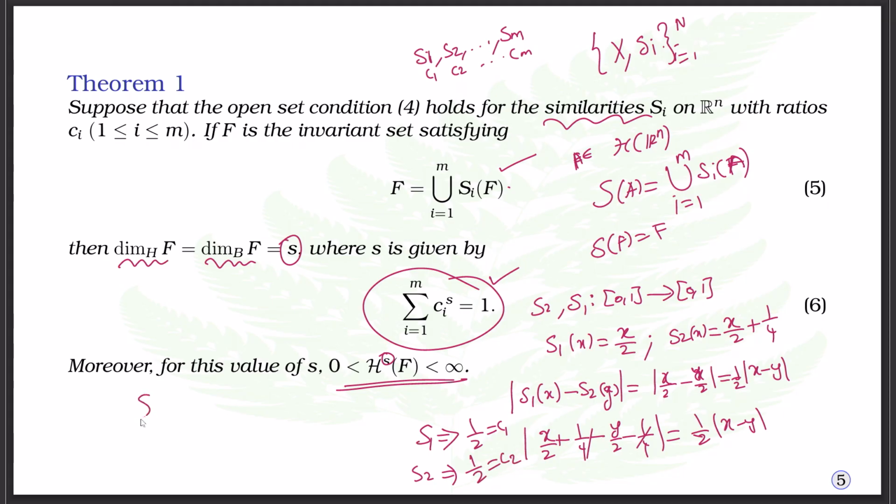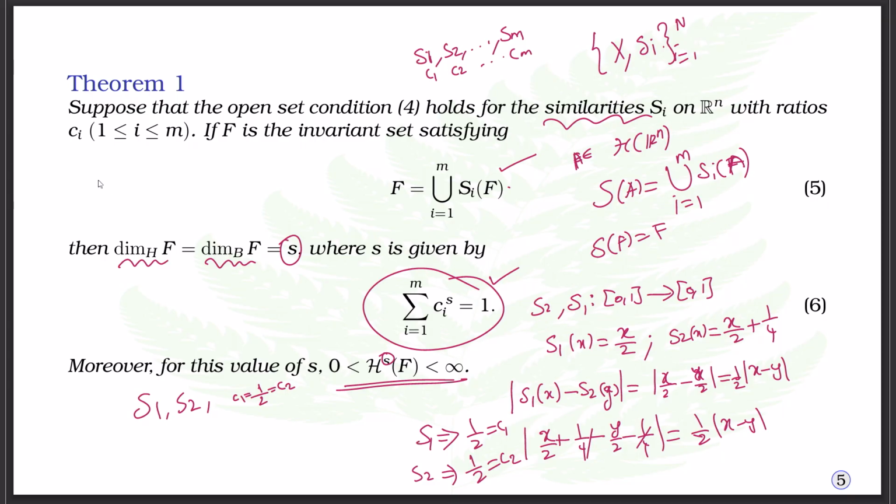Now, S1 and S2 are similarity mappings on the closed interval [0, 1] with the ratio 1 by 2, so C1 and C2 are both 1 by 2. Now, just think what is the image of these sets.